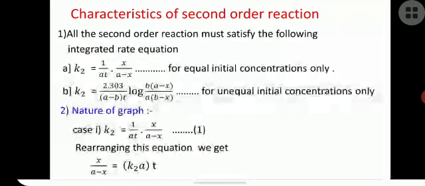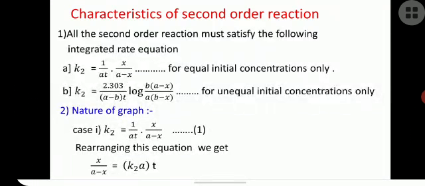And for unequal initial concentration, k2 = 2.303/[(a − b)t] log[b(a − x)/a(b − x)]. Now second, nature of graph. For case first, k2 = (1/at) × x/(a − x). It is the equation for k2 for equal initial concentration.